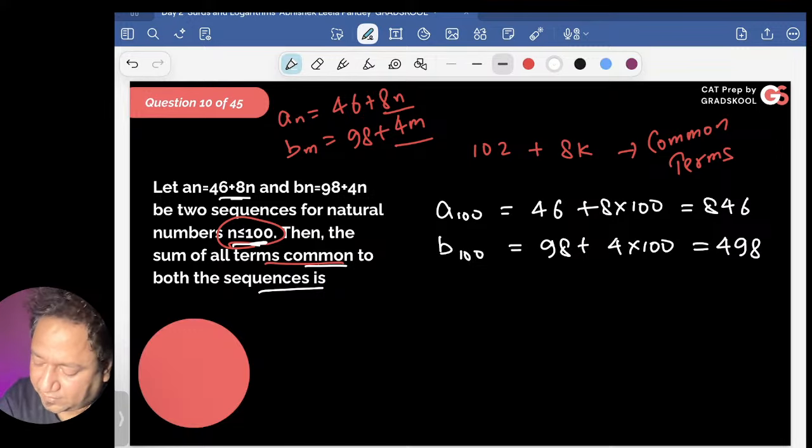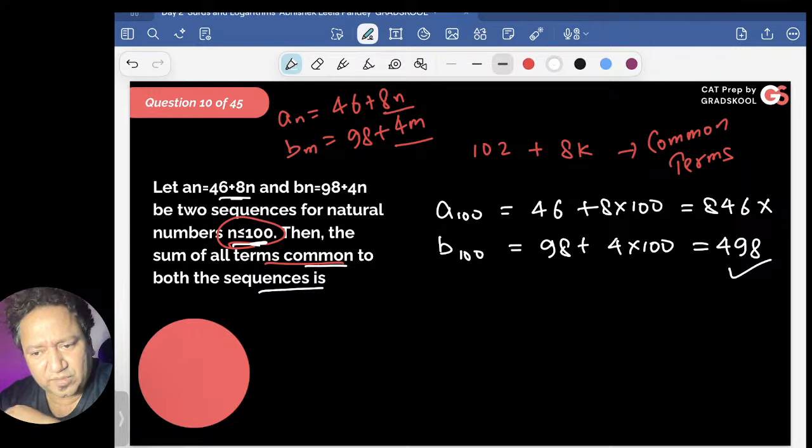All right. Now, one thing is for sure that the common terms cannot exceed this value. ये हमारे लिए irrelevant हो गया. अगर दोनों में common terms देखने हैं तो दोनों में common होने चाहिए. तो 498 तक ही होना चाहिए, उसके आगे जा ही नहीं पाएगा.